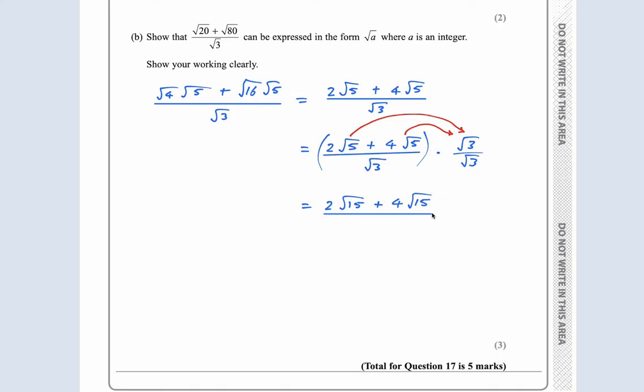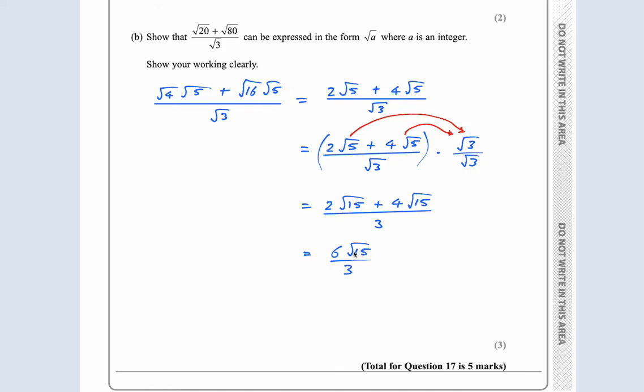All over, this is the bit, guys, this was the key to the whole question, is to multiply by this over this. Root 3 times root 3 is 3. If you don't believe me, check your calculator, but it makes sense because root 3 squared gives me 3. Nearly done. 2 root 15 plus 4 root 15 is 6 root 15 over 3.